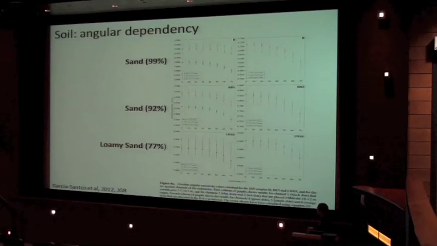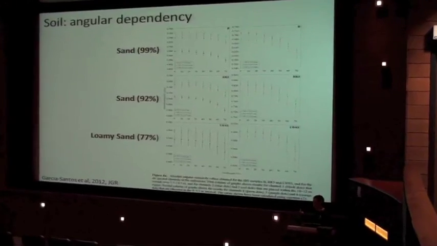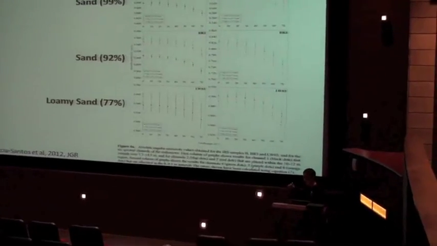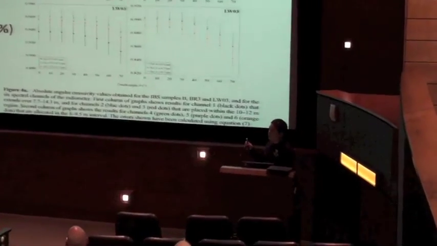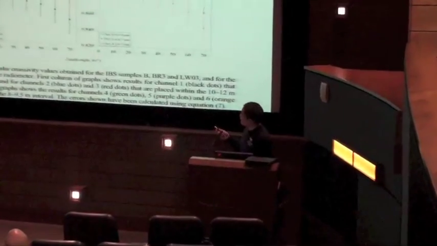Anyway, for land, it's a little more complicated because you have so many different types of soil and vegetation covers. But in a recently published paper, they studied 12 different soil samples, and they found a similar feature: emissivity will decrease as angle increases. This impact is more significant for sandy soil.